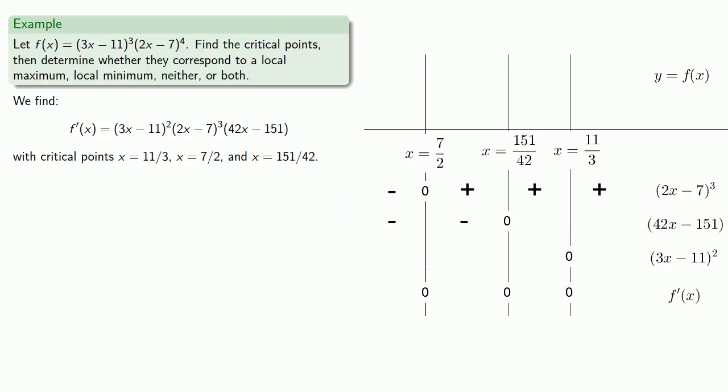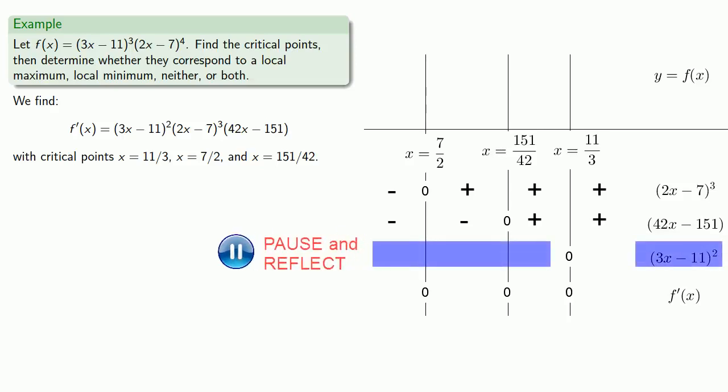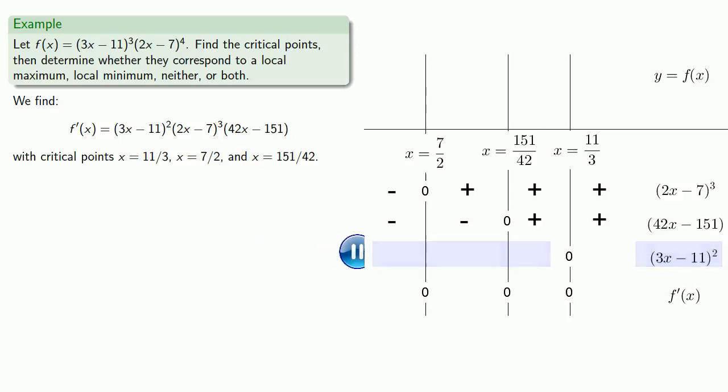And if x is greater than 151/42, this factor will be positive. And finally, if x is less than 11/3, then (3x minus 11) squared will be positive. And if x is greater than 11/3, (3x minus 11) squared will be positive again.